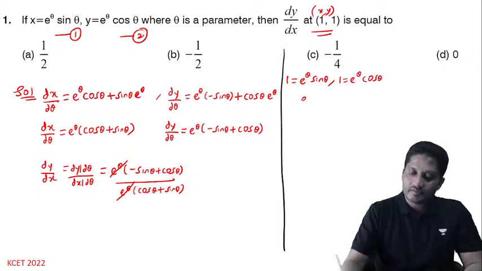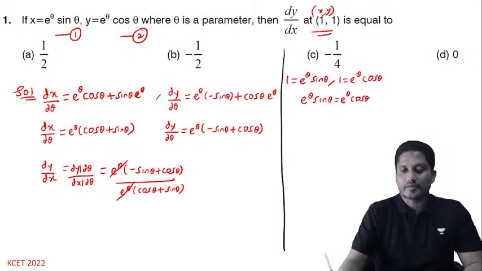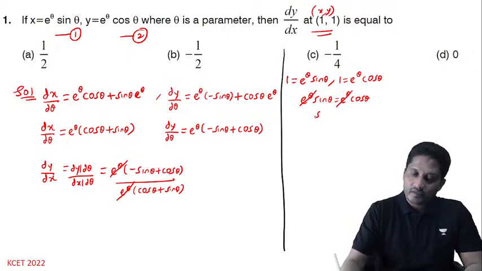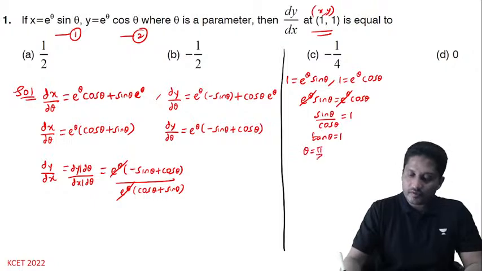If I equate them, you get e power theta into sine is equal to e power theta into cos, or you just divide them, no problem. This will cancel. Sine by cos is equal to 1 means tan theta equal to 1. Tan theta equal to 1 means theta should be equal to pi upon 4, right?